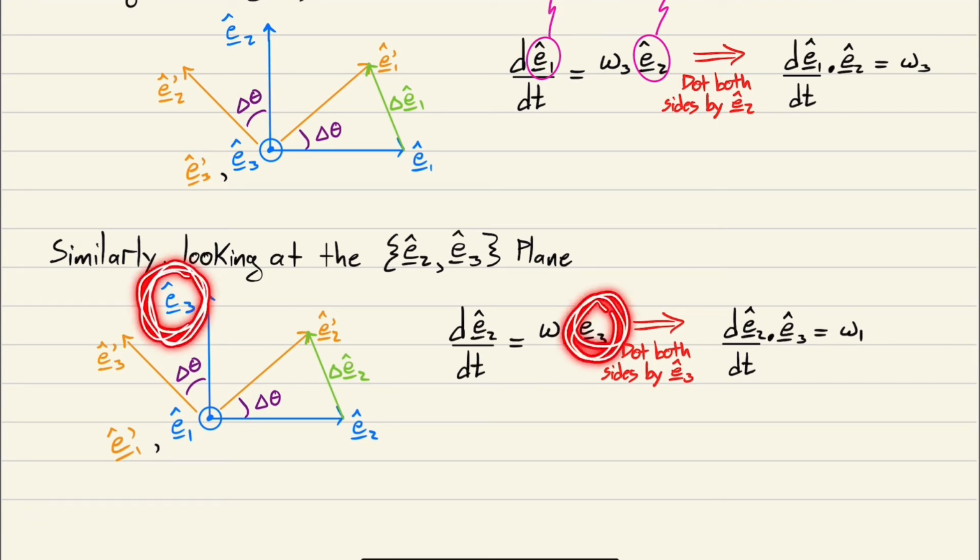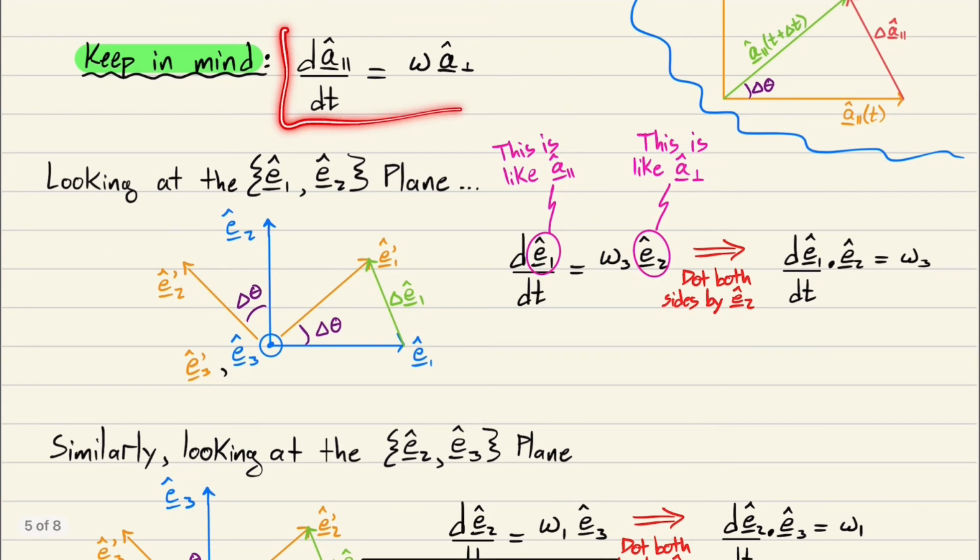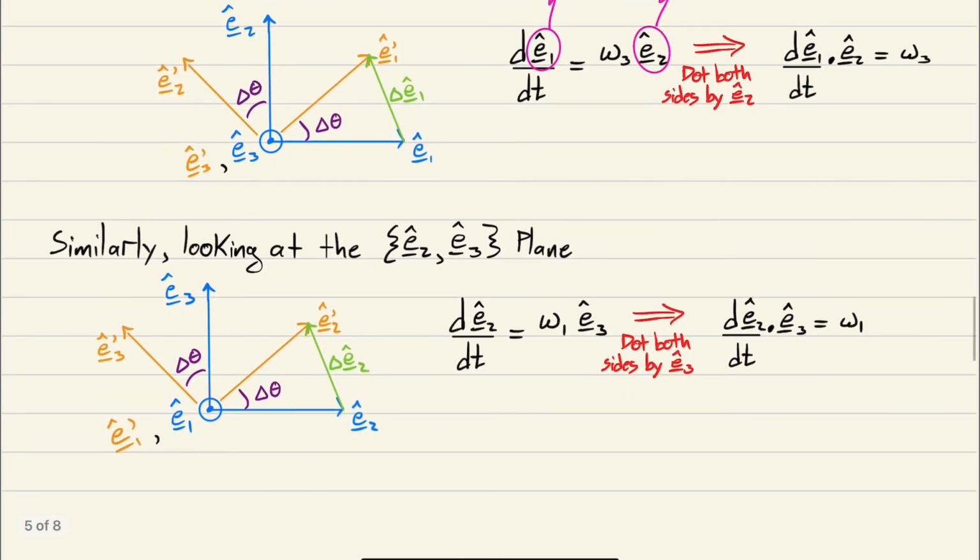And we're rotating with an angular velocity about E1, so omega 1. It doesn't get much more complicated than that. We're just applying this result we just spent all that time deriving. Again, this will become clear in a second, but we dot both sides by E3. So dE2 dt dotted with E3 is equal to E3 dotted with E3, which is 1, so we just end up with omega 1.